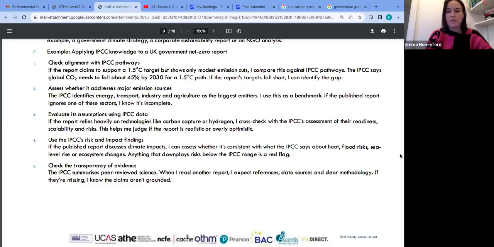Checking the transparency of evidence. The IPCC summarises peer-reviewed science. So when we read a report, we expect references, data sources and clear methodology. If they're missing, we know that the claims aren't grounded.